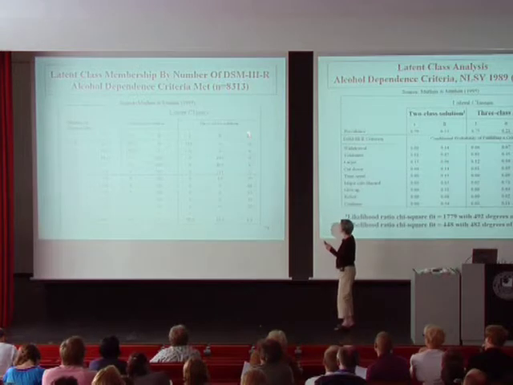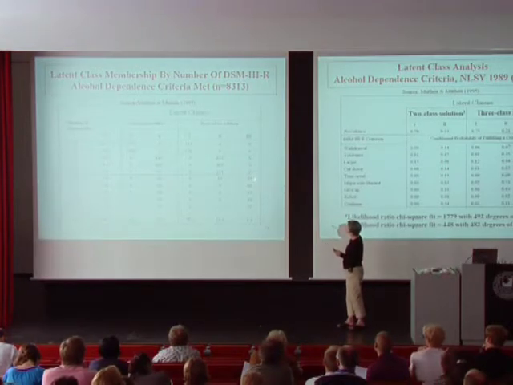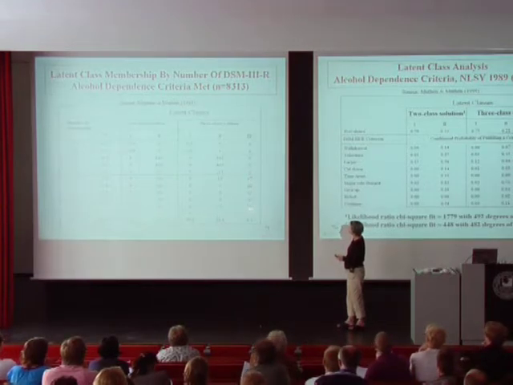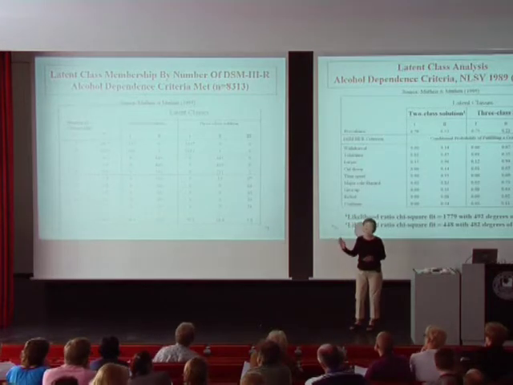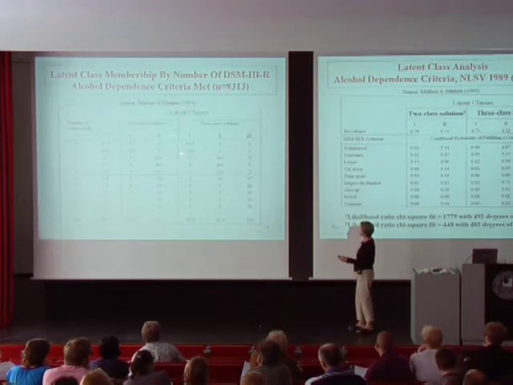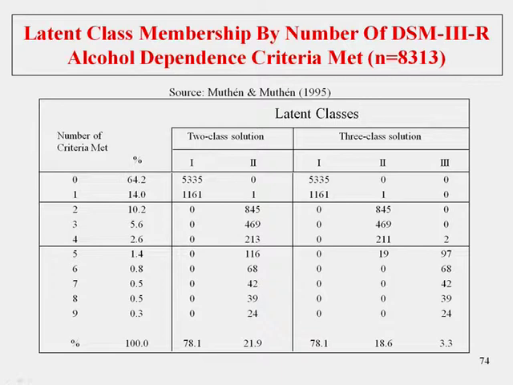And then if you look down at class 3, you'll see that the majority have endorsed 5 or more items. Only 2 endorse 4. So when you look down here, you can see that you can make cut points. So for example, you can make a cut under 1, another one under 4.